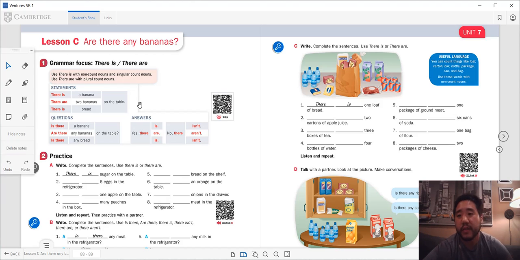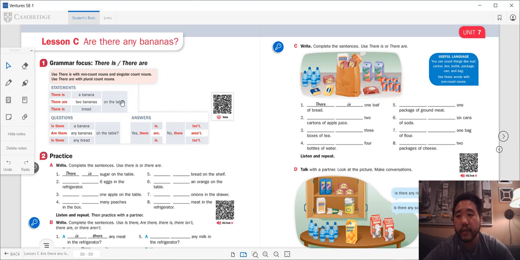If it is non-count nouns and singular count nouns, we have to use there is to make a statement, or is there to make questions. For plural count nouns, we have to use there are, and for questions we have to flip it: are there.